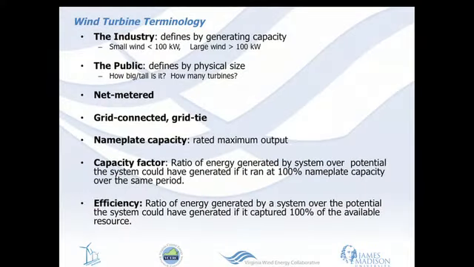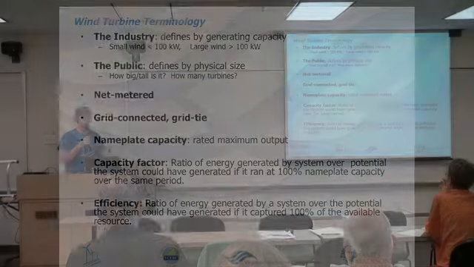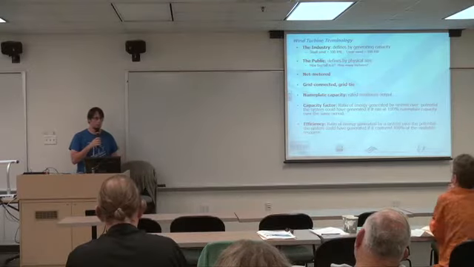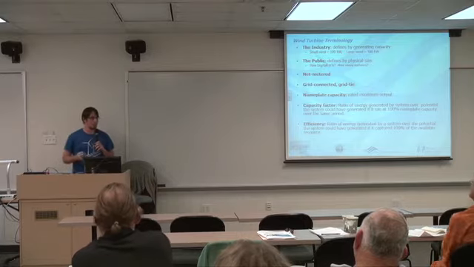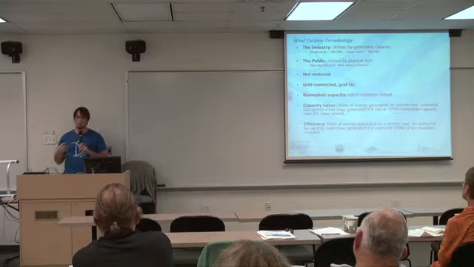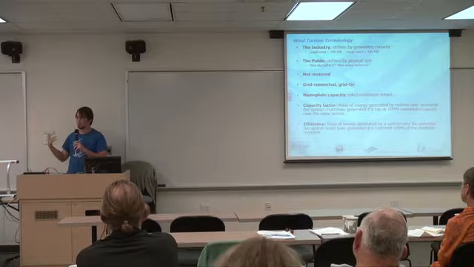The nameplate capacity of a turbine basically decides its rated maximum output. So when I say a 100 kilowatt turbine or a 20 kilowatt turbine, that's essentially describing that if it is able to operate at maximum output, it would be generating 20 kilowatts. This can be a bit misleading because nameplate capacity doesn't always translate well to production.